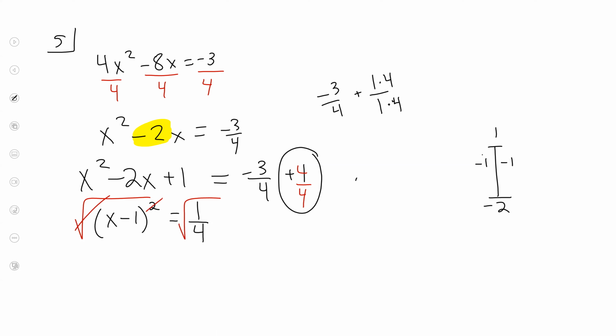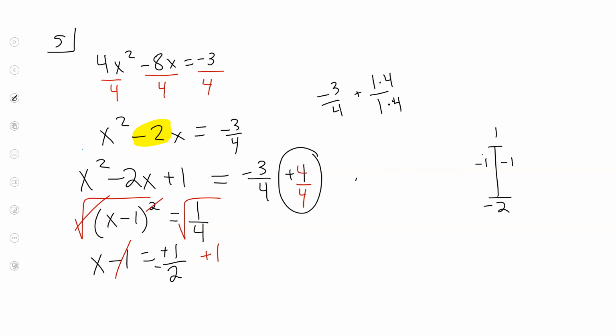So I get x minus 1 equals, what's the square root of 1? 1. And what's the square root of 4? 2. So I get plus and minus a half. Then I'm going to add 1 to both sides. So I'm going to get 2 answers here.